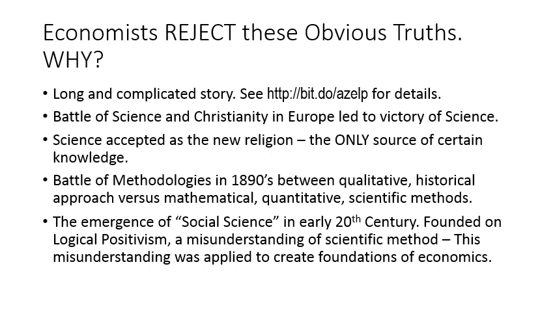In the early 20th century, social science was created, and this was based on a misunderstanding of the scientific method known as logical positivism. And this misconception about what science is was applied to create the foundations of economics in a supposedly scientific way.